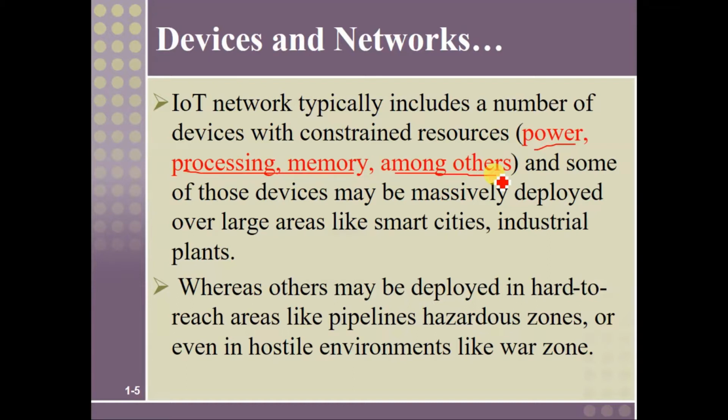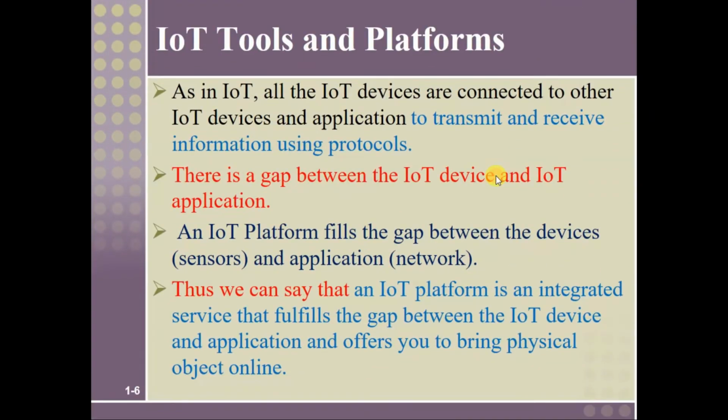Even for environments which may be very dangerous for human beings, we can use artificial intelligence with the help of these IoT devices. Is it clear, guys?